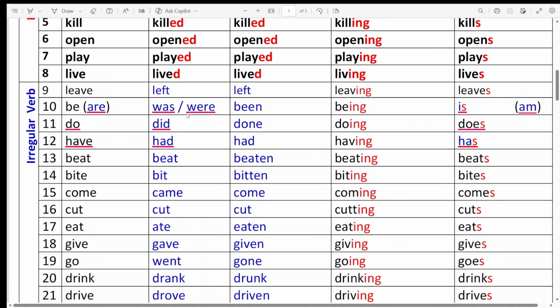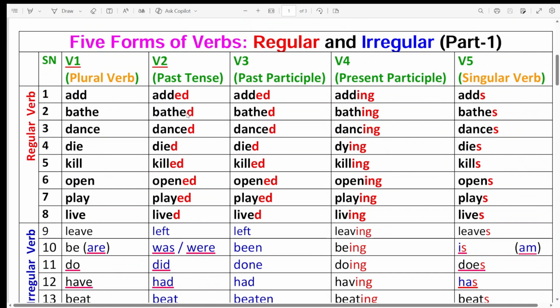So here, whether the verbs are regular or irregular, V4 regularly ends in ing. It means V4 always ends in ing.